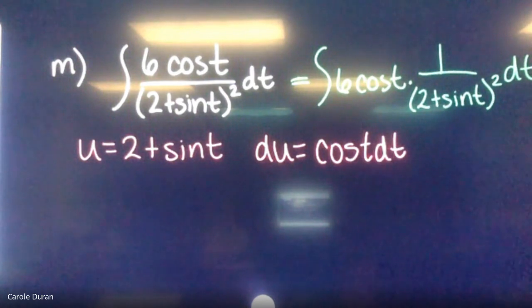Are we all okay with that? Oh, this makes things a little easier. Now what should I do? Get the 6 out of it so that it matches my du.